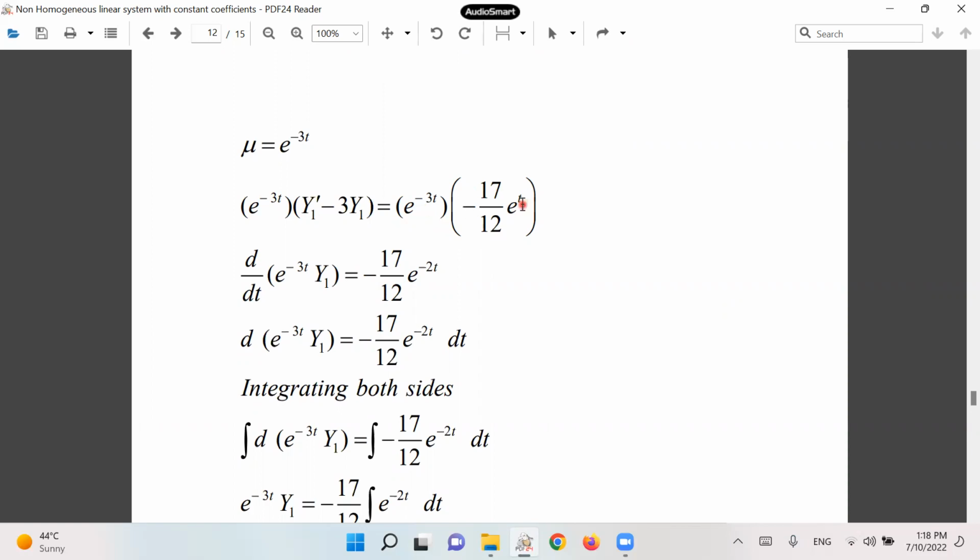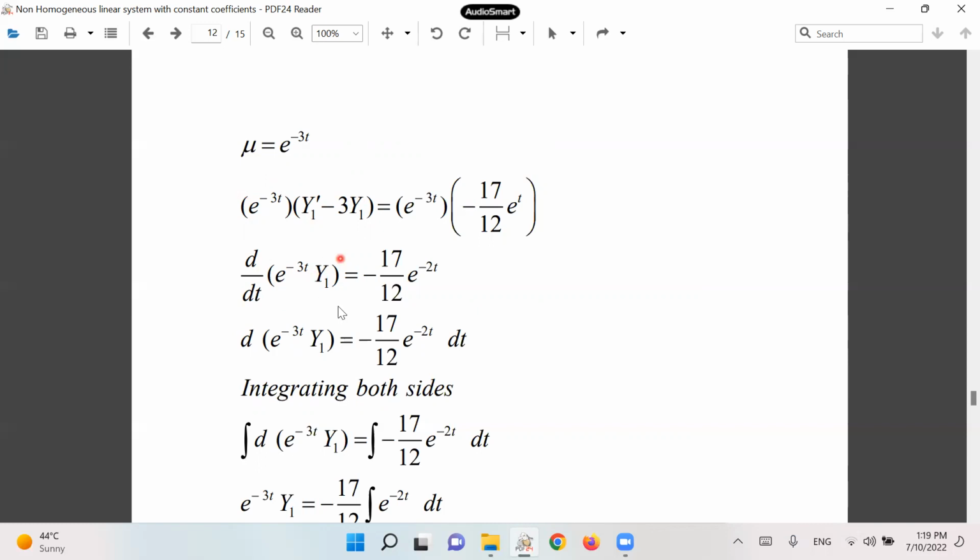So multiply this with this, so it becomes minus 17 over 12 into e power minus 3t times e power t, it becomes e power minus 2t. And this becomes the derivative, how we are going to write it. It will be d over dt of the integrating factor multiplied by y1.